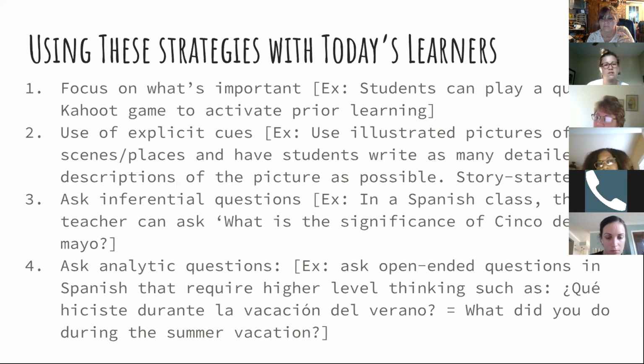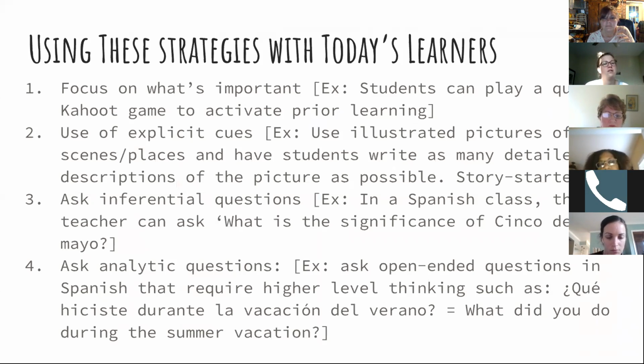Number three, ask inferential questions. Again, the example that I gave was in a Spanish class, the teacher may say, in Spanish, of course, what is the significance of Cinco de Mayo? And this would give the students an opportunity to explain or expound on that cultural concept more so than just giving them a fill-in-the-blank type of sentence.